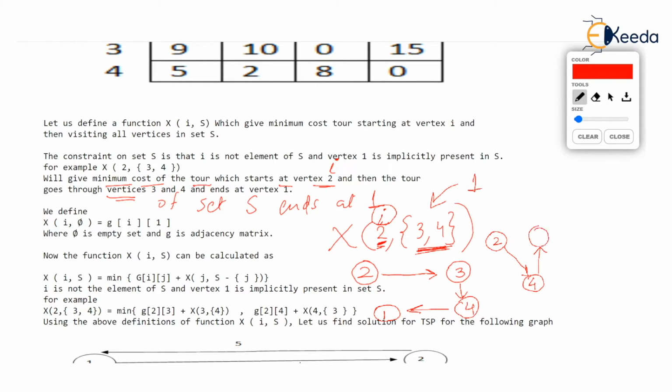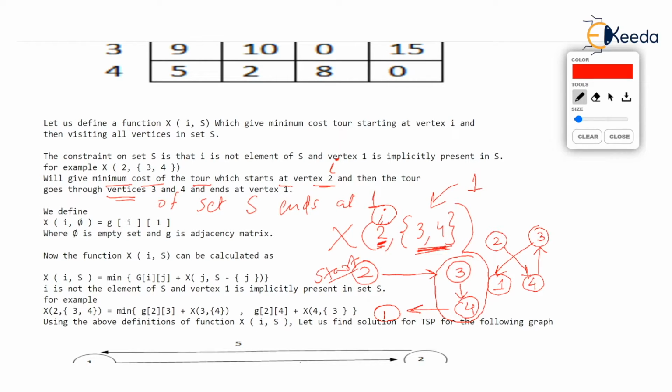So are you agreeing that in both the cases, we have started our travel from 2? It can be 2, 3, 4, 1, or it can be 2, 4, 3, 1.